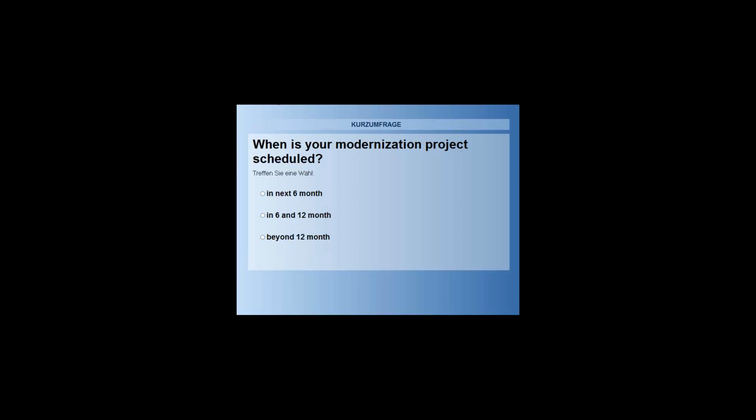Probably already have a dedicated timeline, already taken a discussion or decision about it, or you're still in evaluation mode, thinking about the next steps. I appreciate another 5 seconds to give you the chance to give us a quick feedback. Thank you very much.